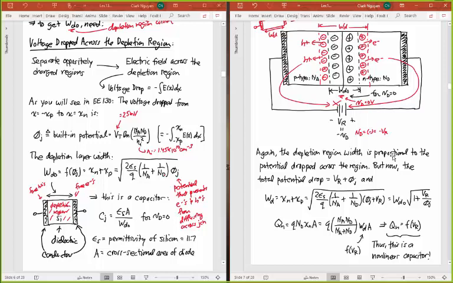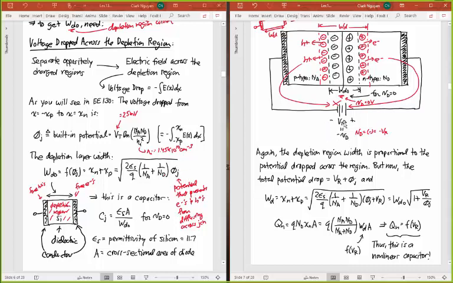Again, the depletion region width is proportional to the potential dropped across the region. But now the total potential drop, which is this phi j plus that VR, now factors into the same equation. So see this equation here for WD? That's the same equation as the one on the left for WD naught. WD naught only had phi j as that potential drop.